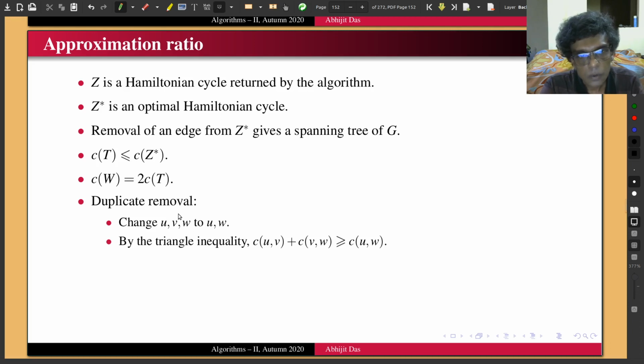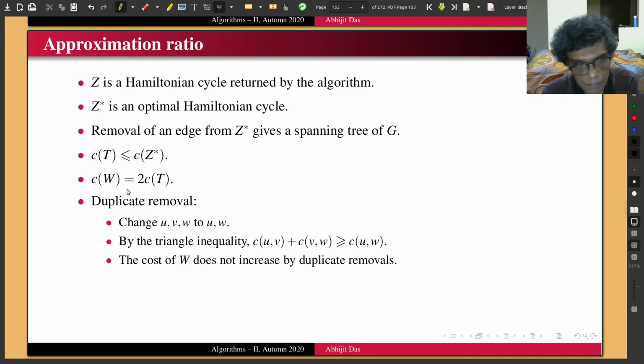So, by removing this duplicate vertex V, you are not increasing the cost of the walk. The cost of W does not increase by duplicate removals.